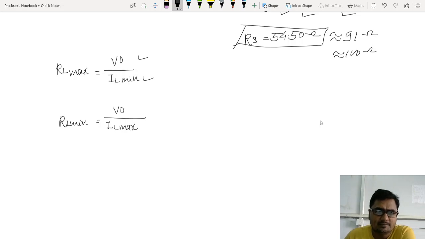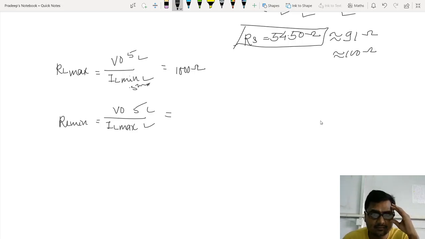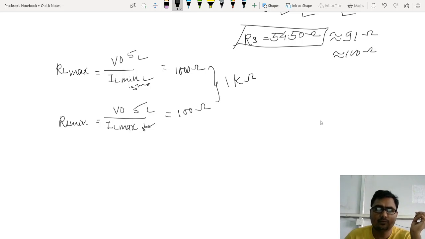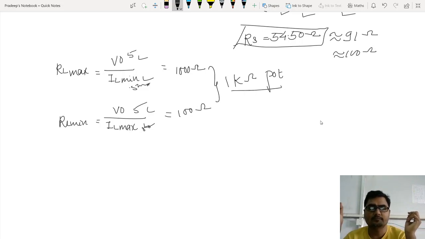VO is 5 and IL minimum is 5 milliamperes, so it will be 1000 ohm. IL maximum is 50 milliamperes, so that will be 100 ohm. So I can use a 1 kilo ohm pot. This is the value of the load resistor.